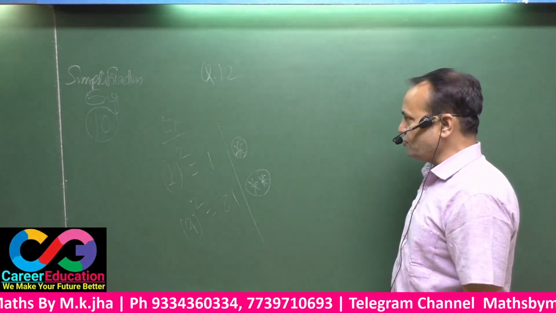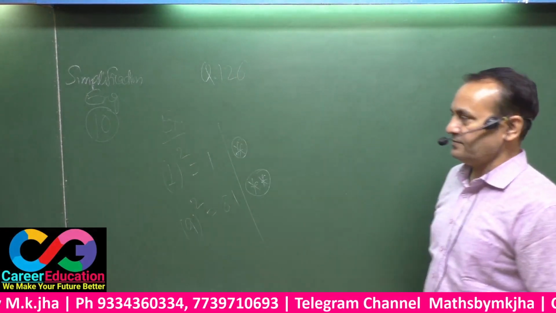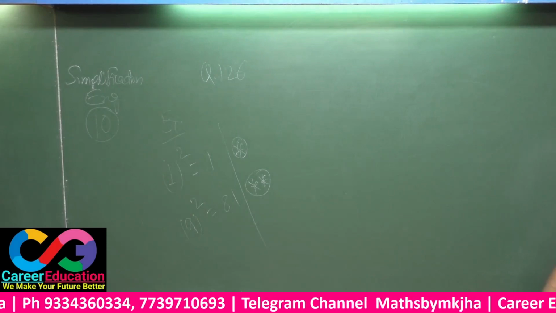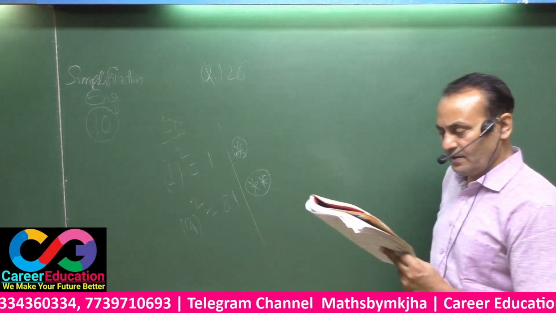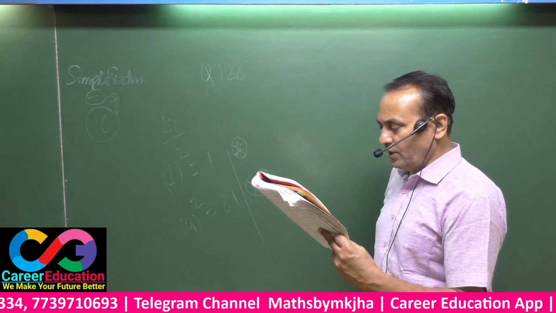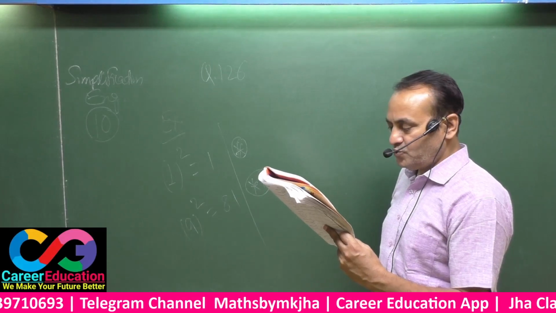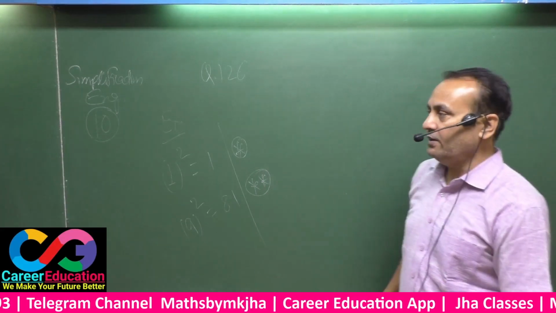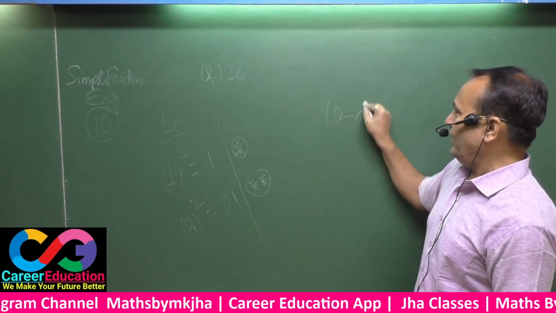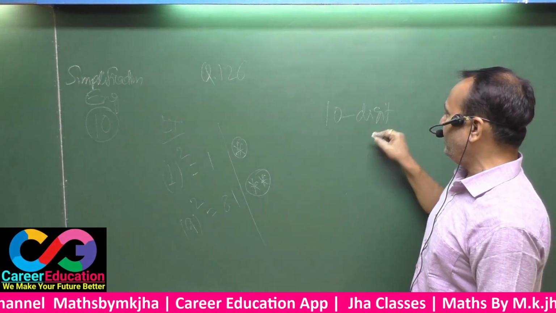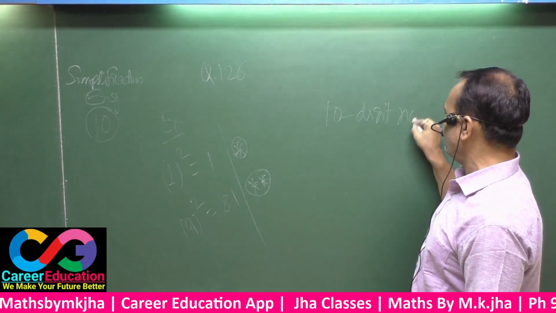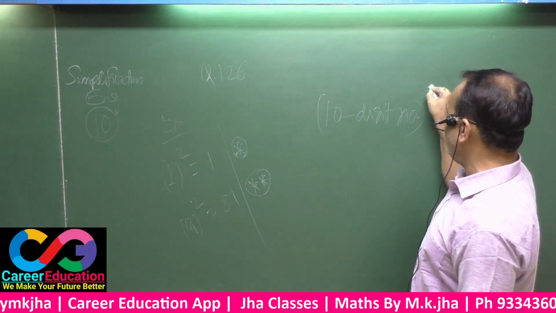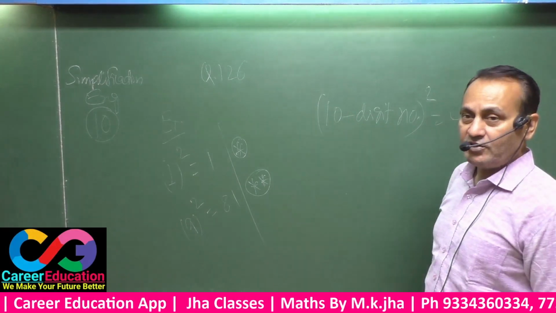Now coming to question number 126. Find the total number of digits obtained in the square of a 10 digit number. That means this time you have been given a number having 10 digits, and then find out the square of this.